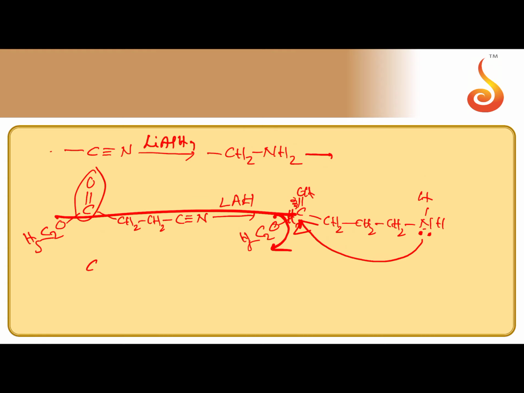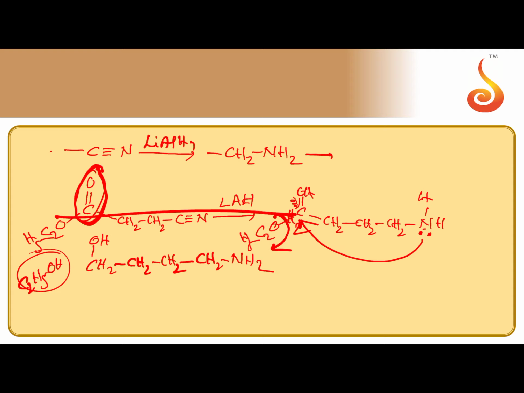So everything, COOC2H5 ester undergoes reduction with LiAlH4. So the carbonyl group becomes CH2OH, C2H5O becomes C2H5OH. That is separate. After that CH2CH2CN will become CH2NH2. So in the same compound OH is there, NH2 is there.